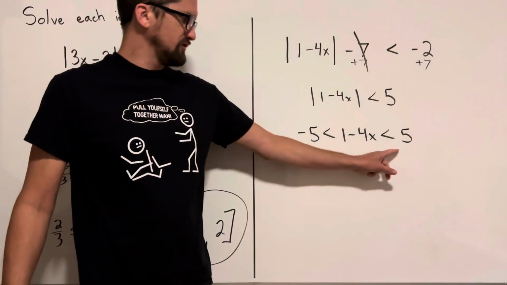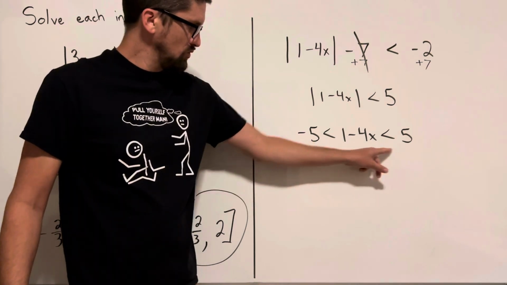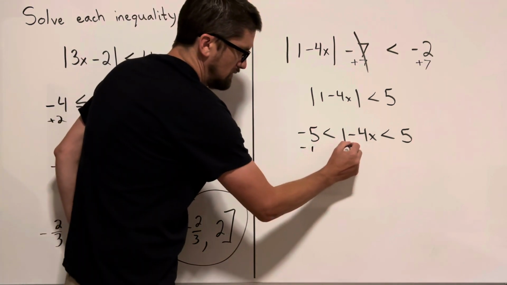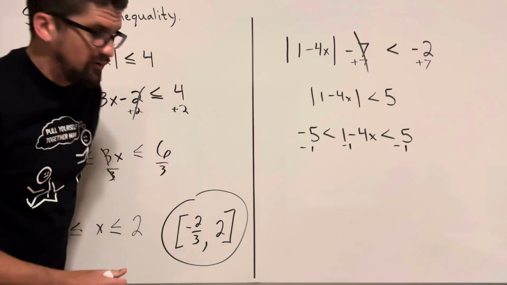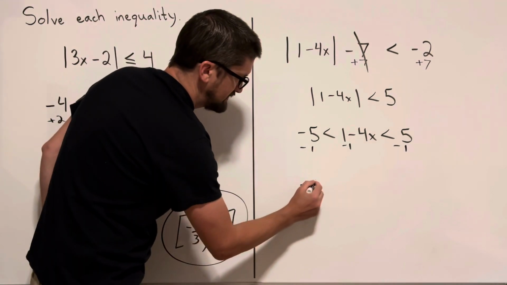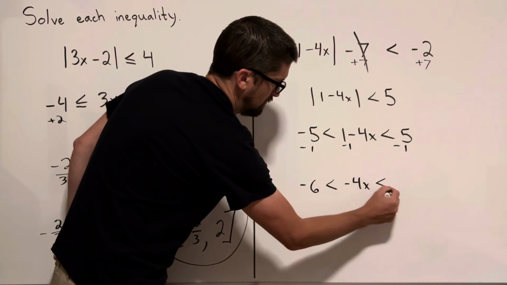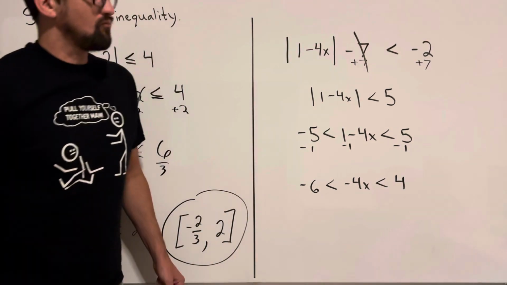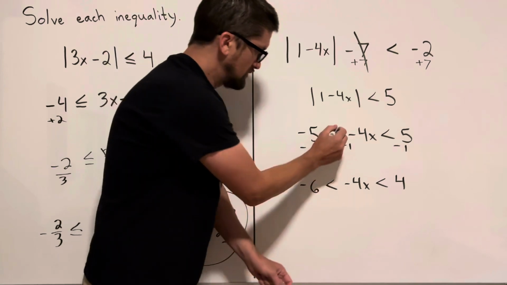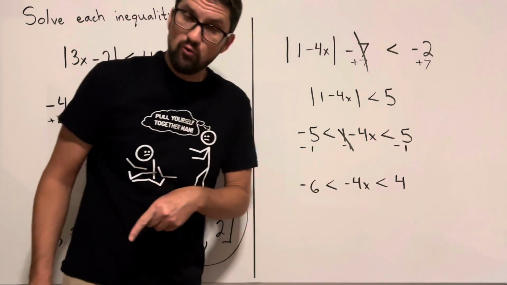All right, so we're going to solve this one by solving for x. We're going to subtract 1 on all three parts. This is going to be a -6. The 1's in the middle are gone. 5 minus 1 is 4.